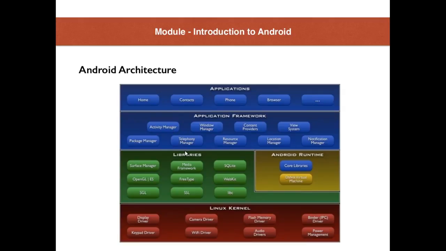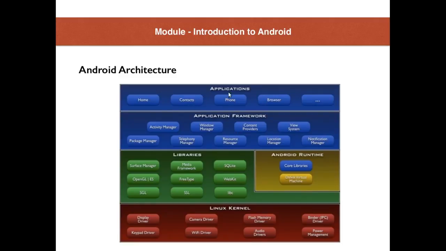For example, you want to read the IMEI number of your device. You don't need to write the entire program for reading the IMEI because Android is providing an API. You can simply access the telephony manager API to read the IMEI number of your device in your application. That's basically what your application framework is.